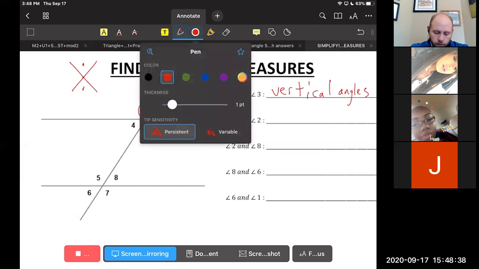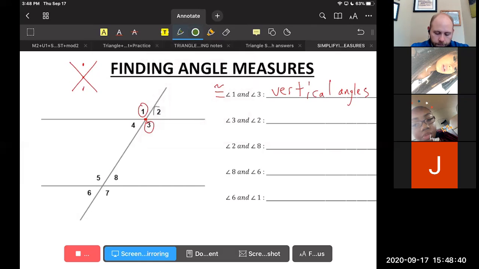All right, 3 and 2. They are next to each other, okay? They actually share a vertex and a side, right? They share this side right here. They make a line, and a line adds up to 180 degrees. What do we think?